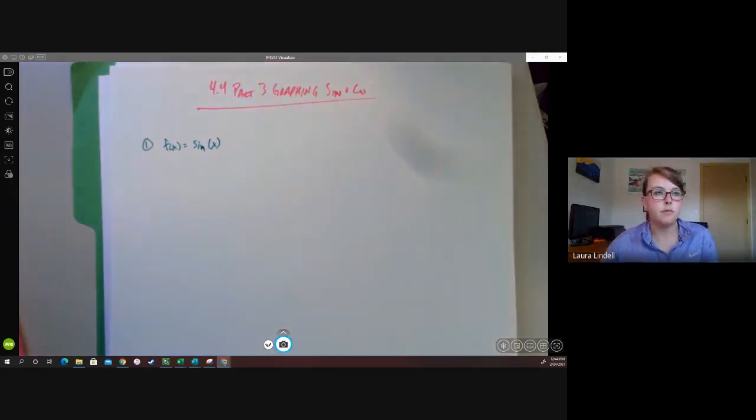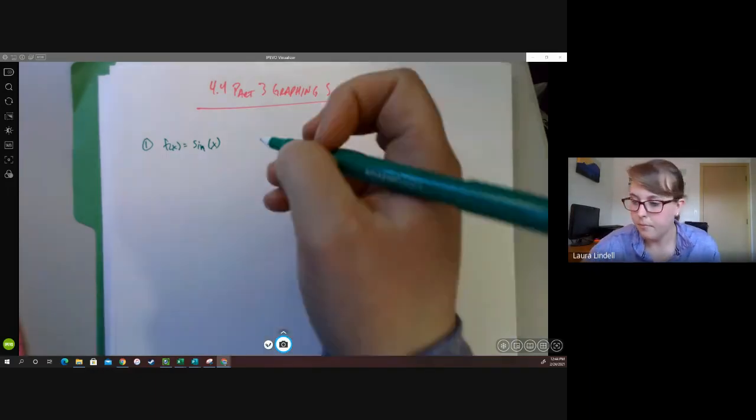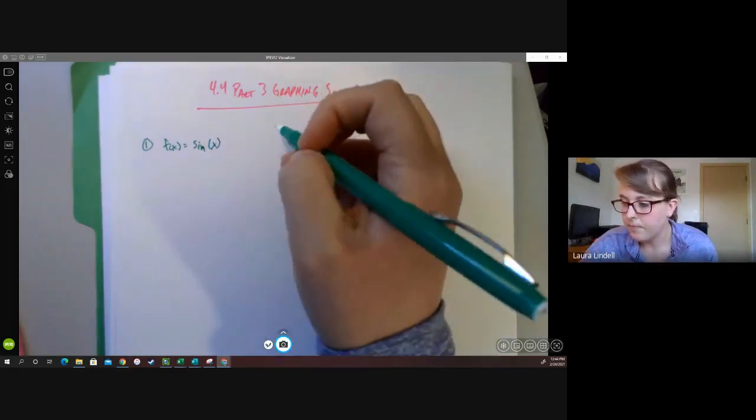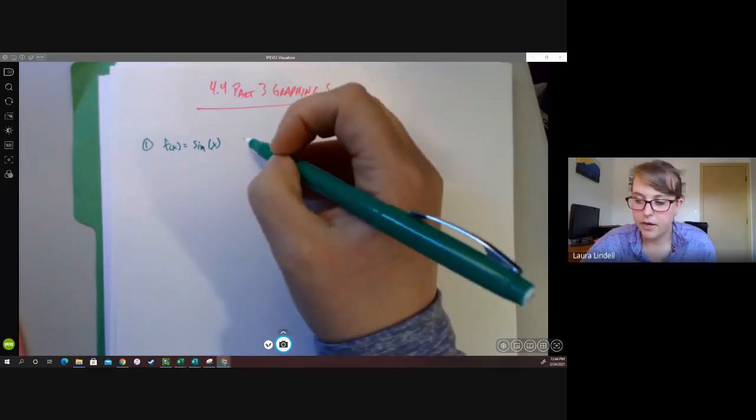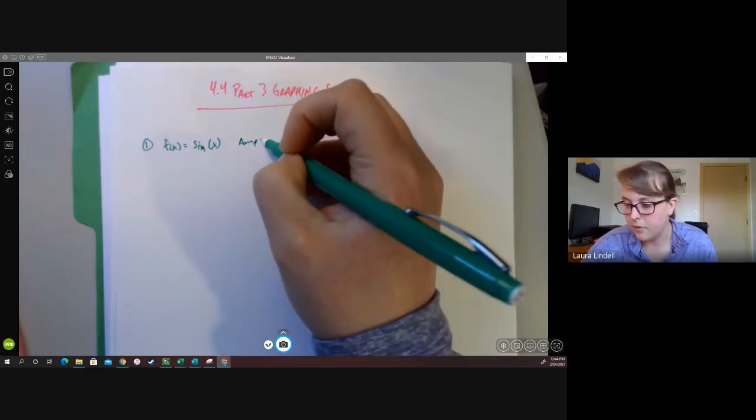In a regular sine function, when we're going to graph it, the first thing that I would do is start listing things like the amplitude, the period, vertical shift, phase shift, if there are any of those elements. So let's see. In the regular sine function, the amplitude is 1.